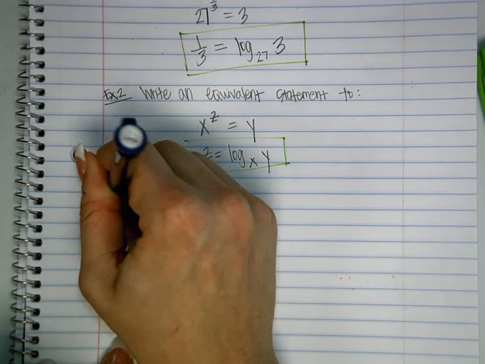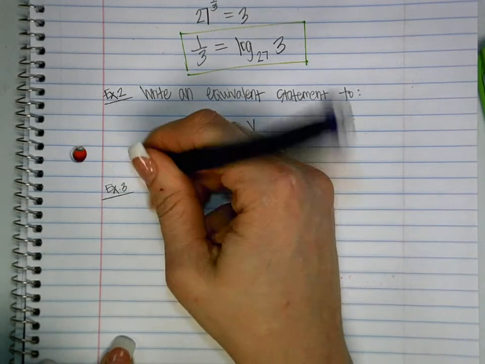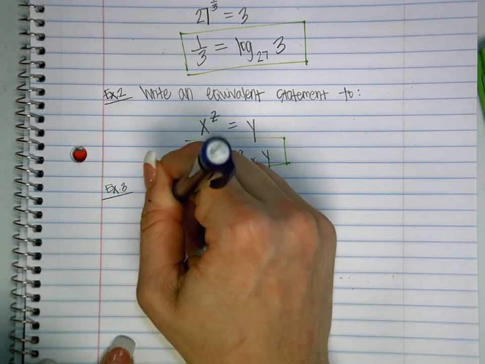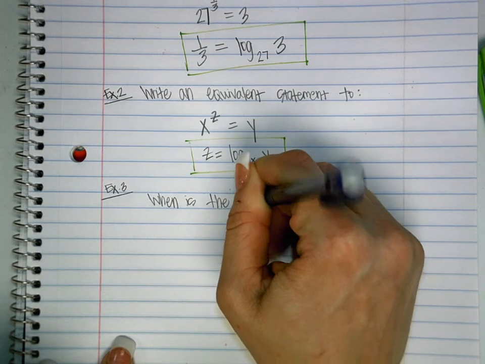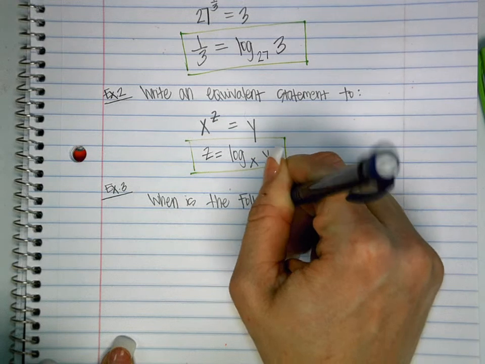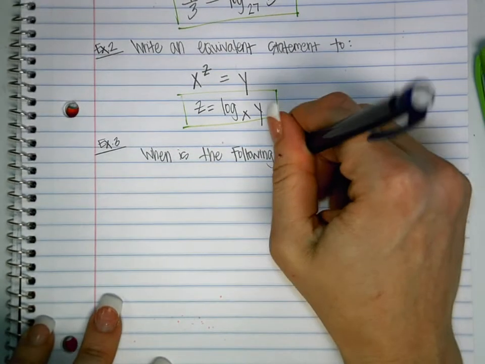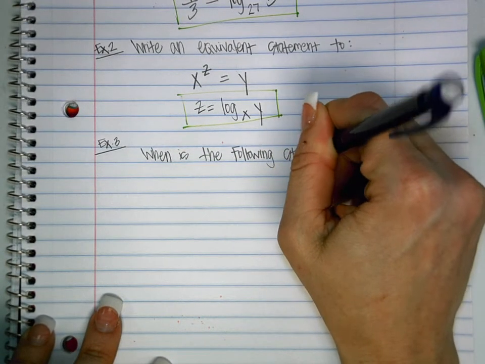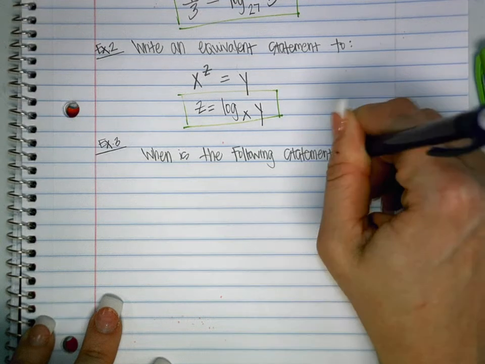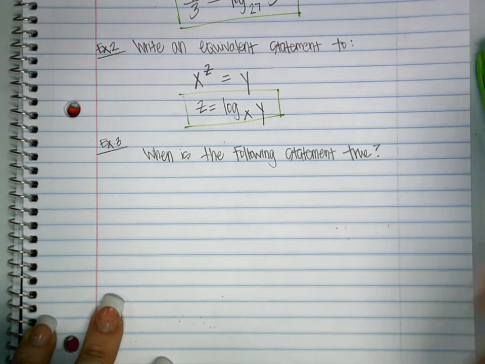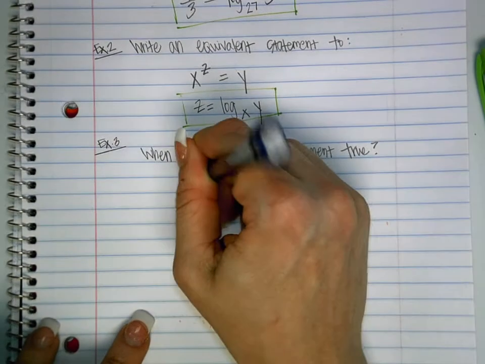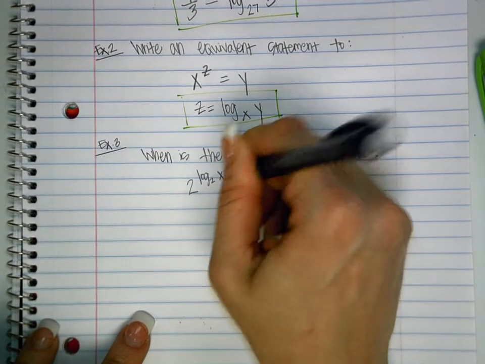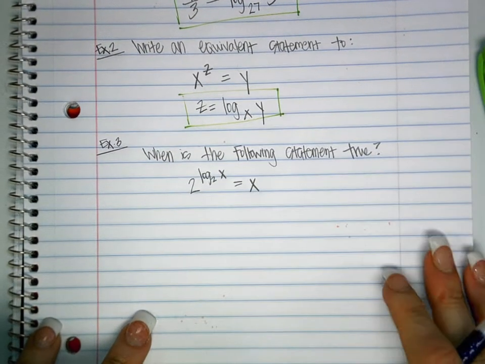For number 3, when is the following statement true? Okay, when is the following statement true? That 2 to the log base 2 of x equals x.